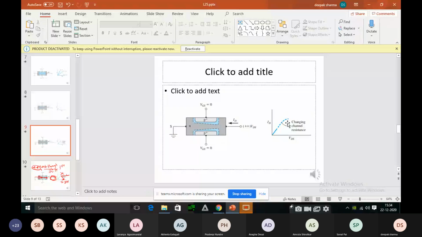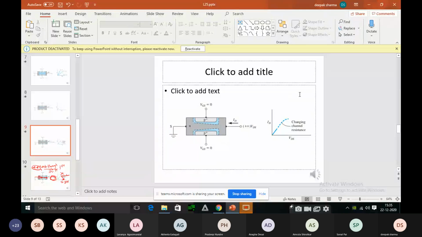linear. Exactly, it is not linear now. Why is it changing? Why is it not going straight? Because the channel width is decreasing. The graph is showing us a change in current. Why is there a change in current? Because there is a change in resistance.